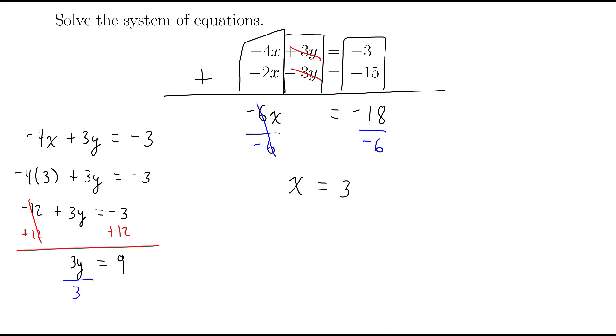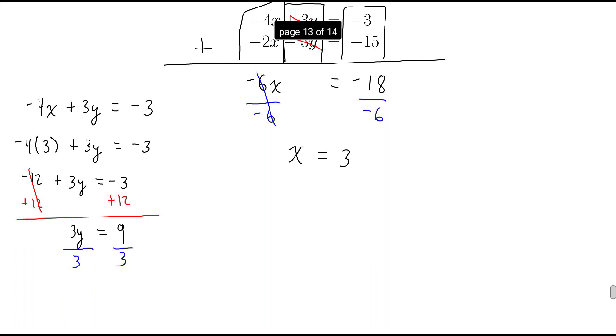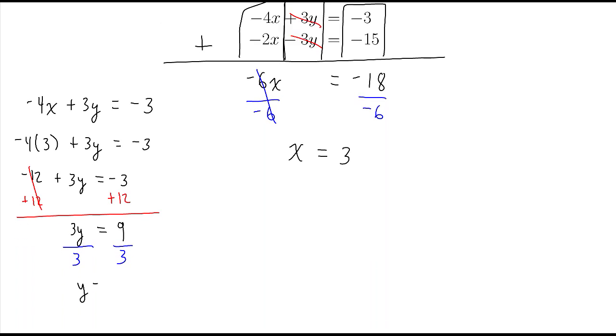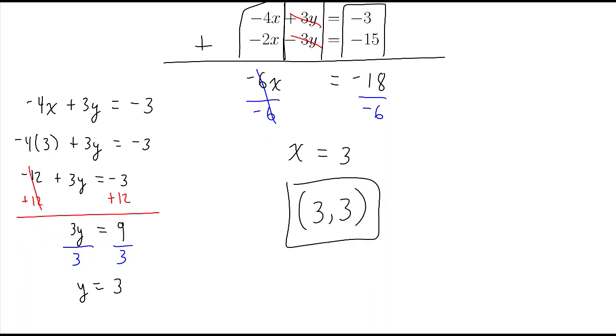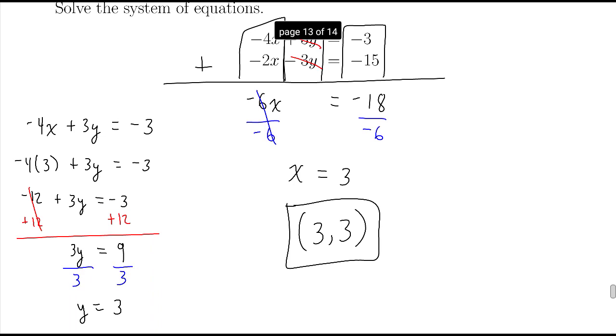Divide both sides by 3, and I get that y equals 9 divided by 3, which is 3. So these two lines intersect at (3, 3). That is the solution to the system of equations.